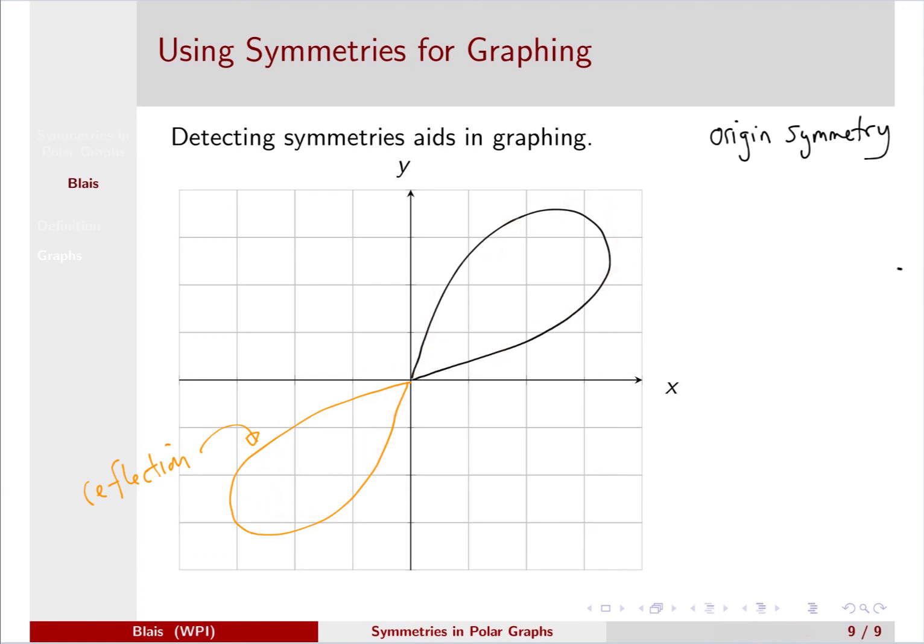So this is a technique that's very, very handy, and it's usually a first step when you graph in polar. Look at the equation and see if you can pick up some symmetries. Usually try for at least one, and that helps in the graphing process substantially, and we will look more at polar graphing in the next lecture.